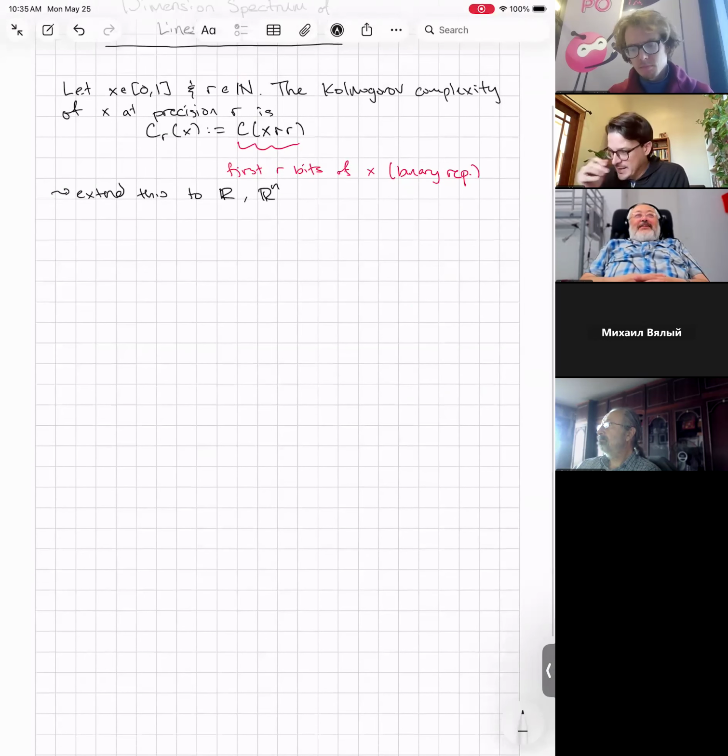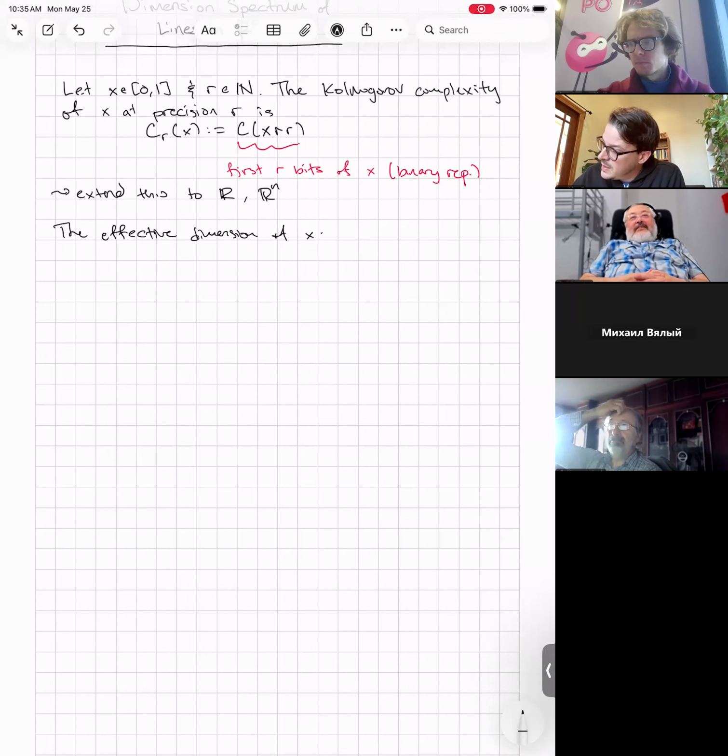Okay, and like I said, the logarithmic errors, in fact sublinear errors, we don't really worry about too much for the following reason. We're most interested in the effective Hausdorff dimension of Euclidean points.